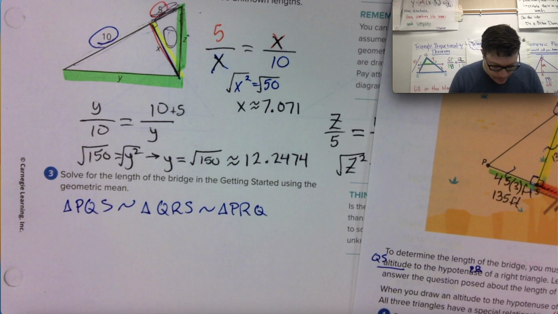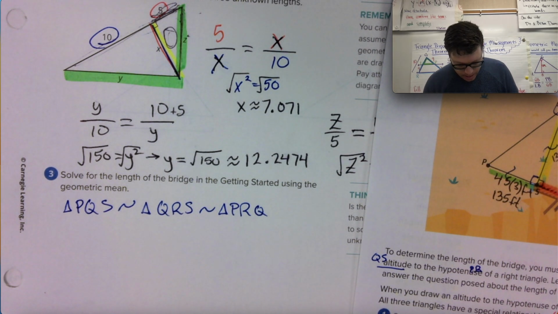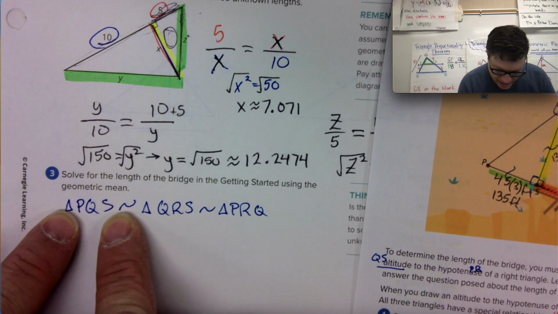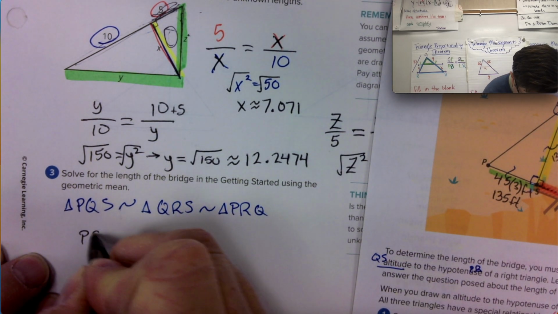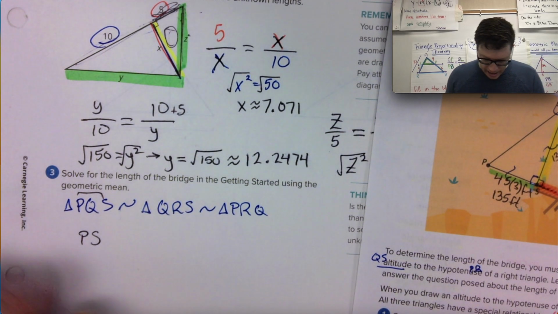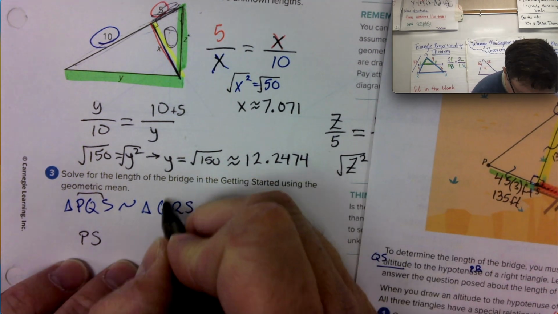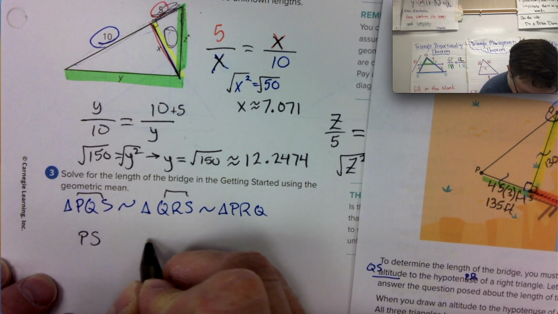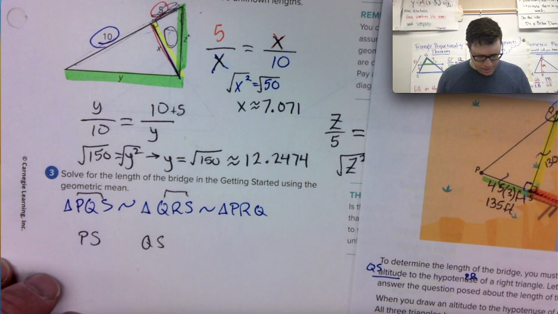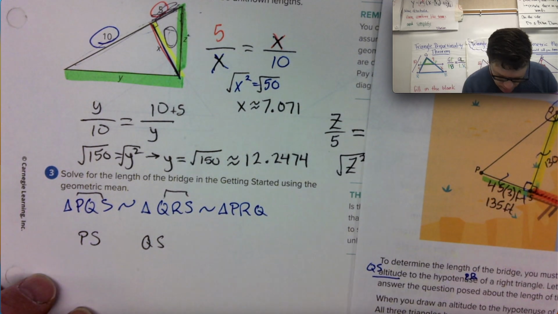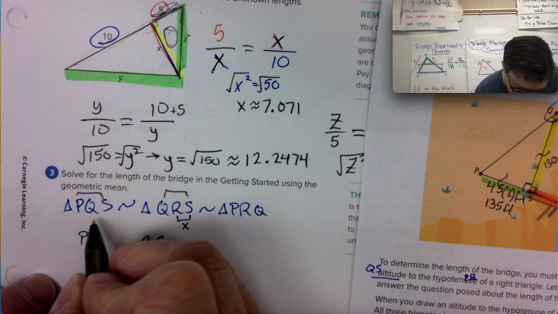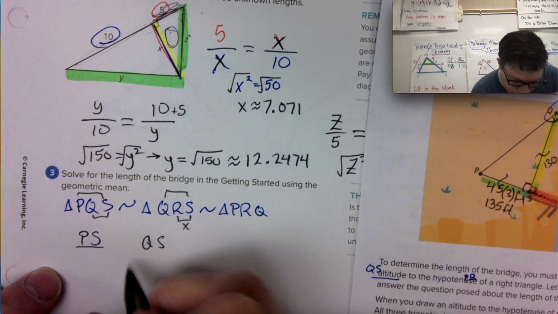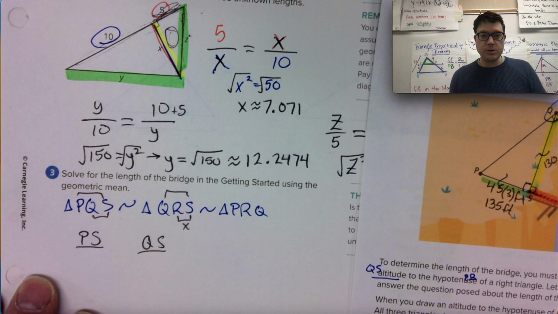Which means I can now make my fractions. I happen to know PS is 135. I happen to know QS is 130. I happen to know RS is x. So I have my information now because I need to write down similar things.